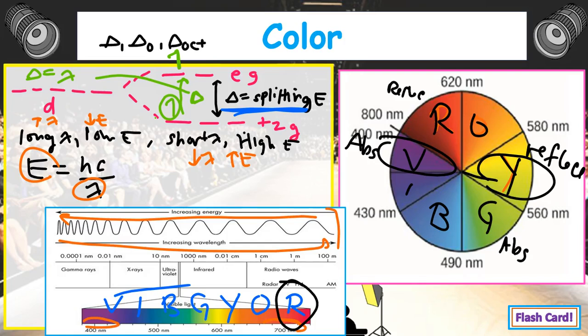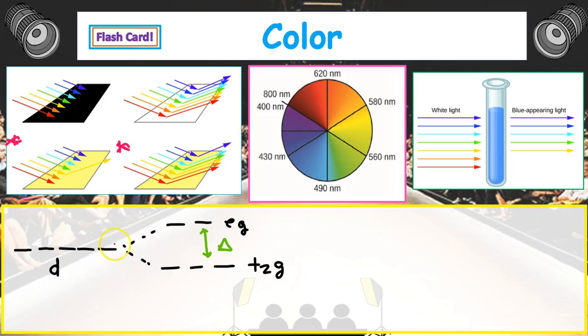Whatever remaining wavelengths are left over are the ones that are transmitted or reflected. Of course, we can also say the complement colors will be the ones that are perceived by us. So we know the energy difference between the d orbitals often allows photons in the visible range to be absorbed as electrons go from lower energy d orbitals to higher.